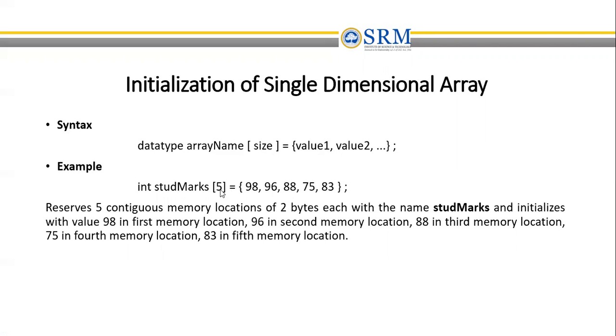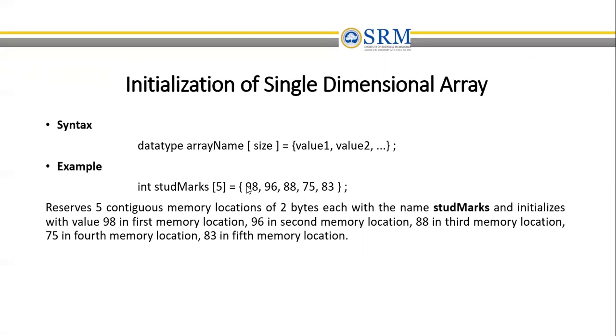In this example, int is the data type, student marks is the array name, and the size is 5. I have specified the values here itself. I haven't given them at runtime; I have given them at compile time itself.